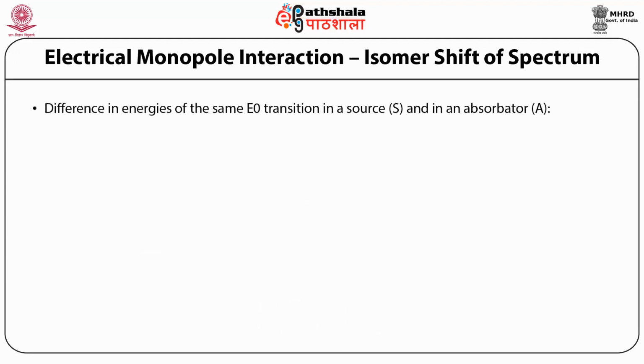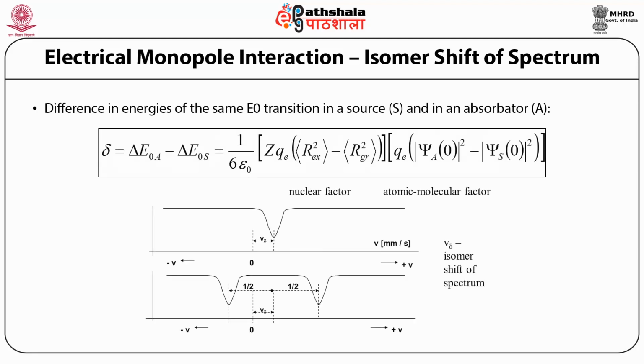So the difference in energy of the same E naught transition in the source and in the absorber is given by delta equal to delta E in the absorber minus delta E of the source, which is equal to one sixth of epsilon naught ZQe square times the expectation of the square of the radius of the excited state minus the expectation of the square of the radius of the ground state, times the square of the wave function of the absorber minus the square of the wave function of the source.